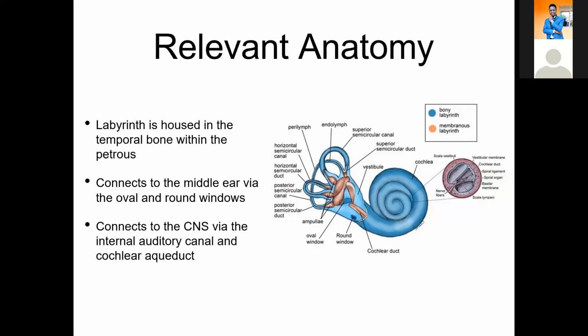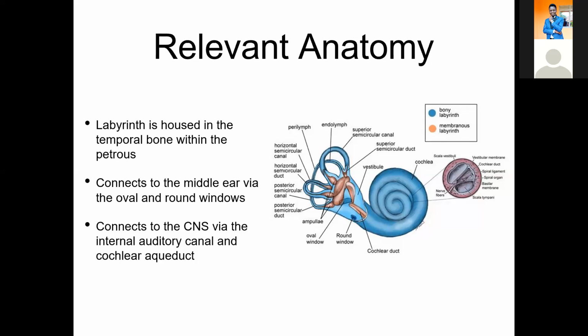The labyrinth, which is the inner ear, is housed in the petrous part of the temporal bone. It connects to the middle ear via the oval and round window. It connects to the central nervous system via the internal auditory canal.